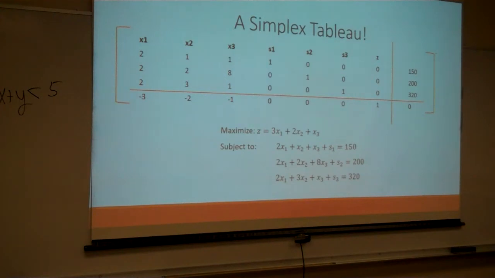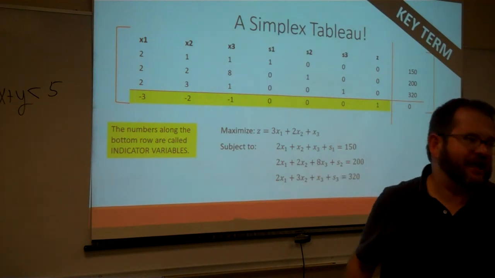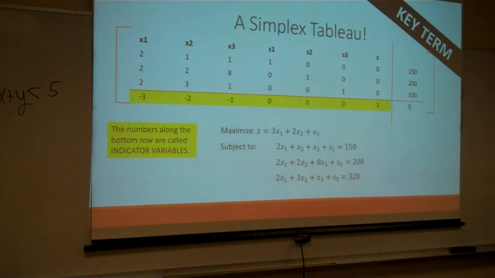Let me fling some vocabulary at you. On the bottom row here, the ones south of that little line that we just drew, the ones that came from the objective function are called the indicator variables. They're going to be super important when we start doing things to this matrix.